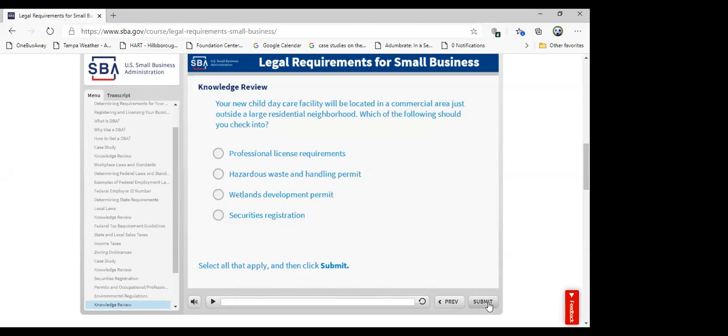Hazardous waste and handling permit. That might be one because with a daycare, you're going to have boo-boo diapers and all that kind of stuff. I'm thinking the same thing. If you have a daycare, you don't want it next to a hazardous waste type of situation. But let's see. So we all agree, we think it's number 2. Let's see what they think.